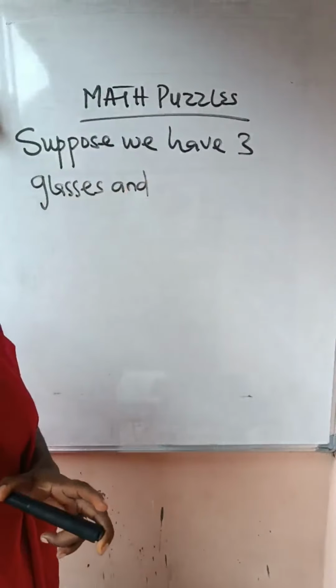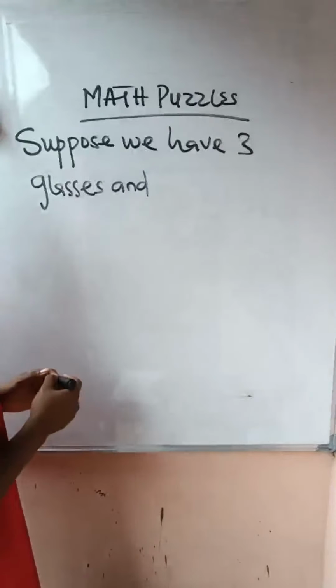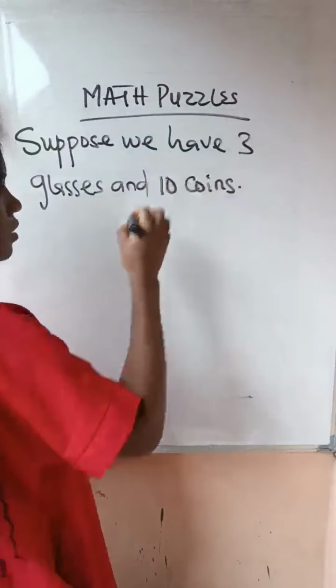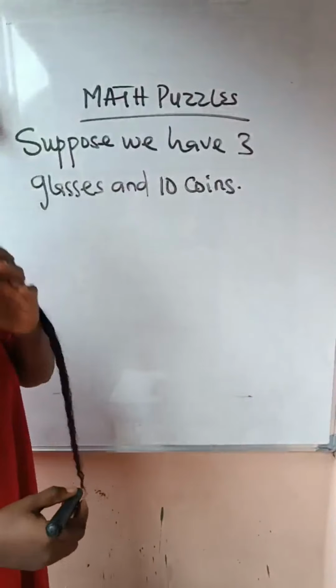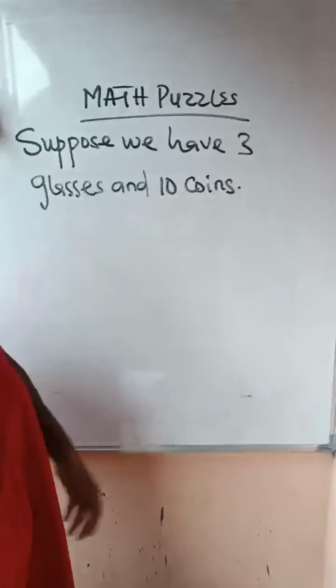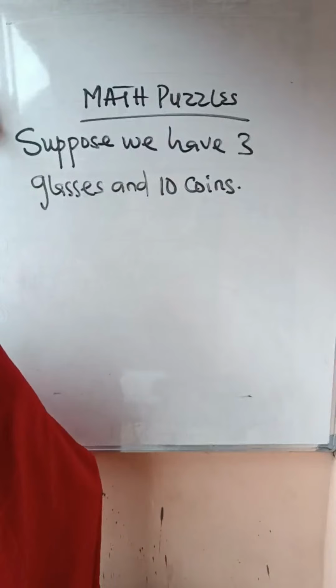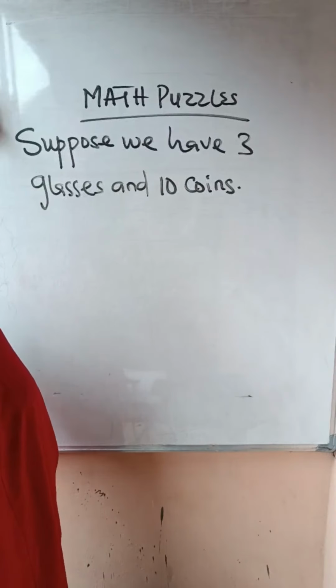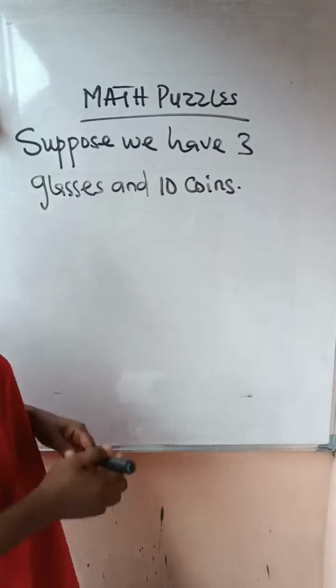The question is saying, add an odd number of coins in each glass.